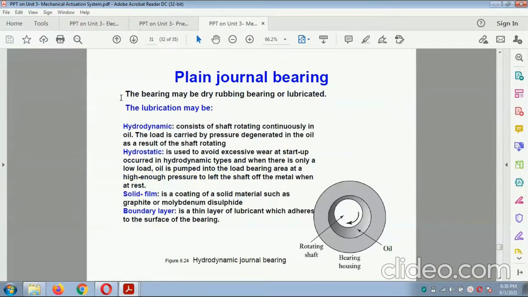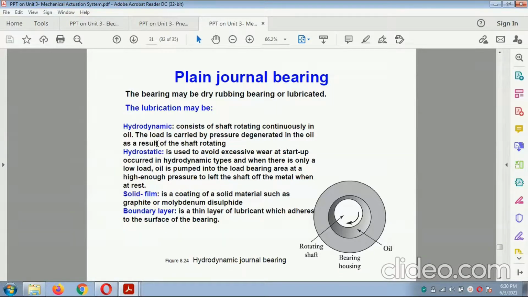So the plain journal bearing. The hydrodynamic bearing consists of a shaft rotating constantly in the oil. The load is carried by the pressure generated in the oil as a result of the shaft rotating. The hydrostatic type avoids the excessive wear at startup that occurs in the hydrodynamic type, and when there is only low load.